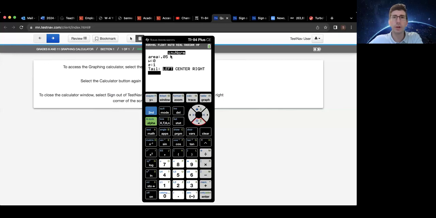We always just want to put the area to the left on our inverse norm. We're talking about z values, so a standard normal curve with a mean of 0 and a standard deviation of 1. So we just hit enter, enter again. Our z value for a 90% confidence interval is going to be plus or minus 1.6448. So we can round that up to 1.645.